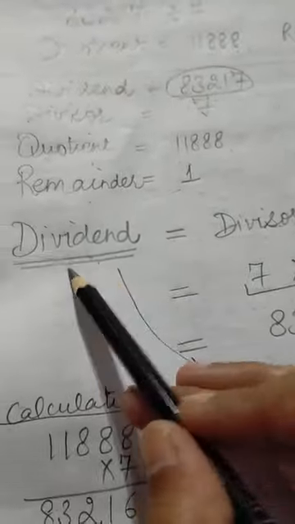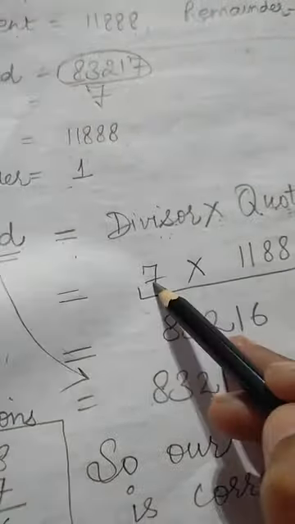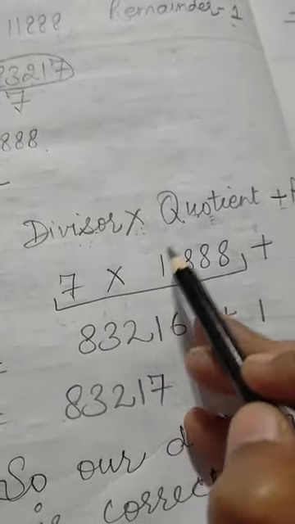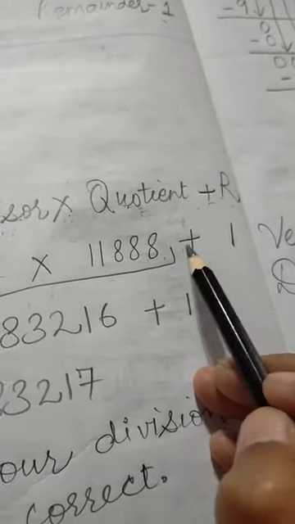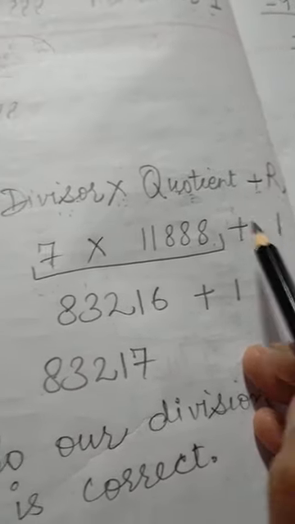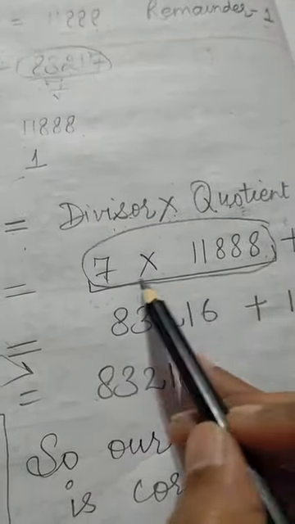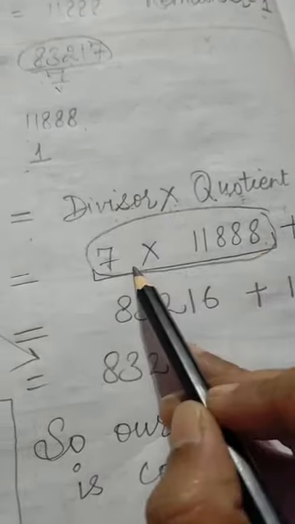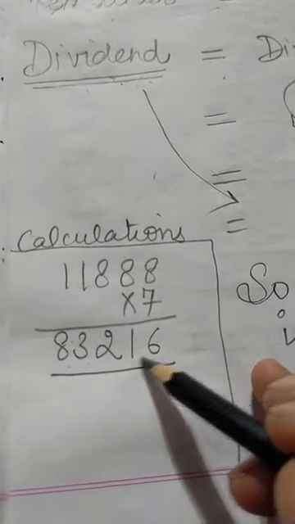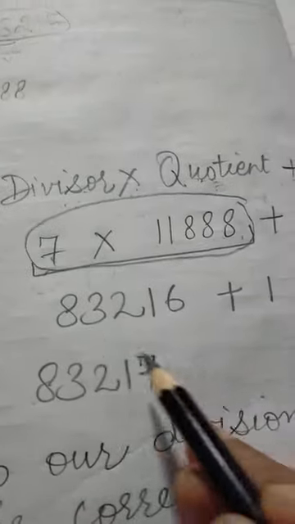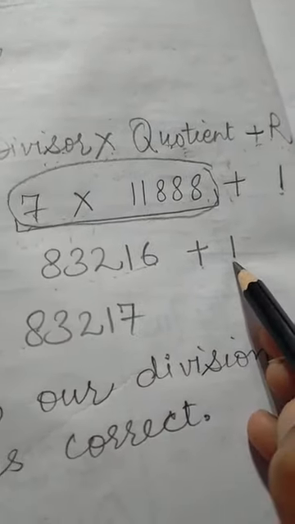Now see, dividend is equal to divisor multiplied by quotient plus remainder. Now divisor is 7 multiplied by quotient. Quotient we got 11,888 and plus remainder we got 1. So firstly, according to the maths rule, we will do the multiplication. We will multiply 11,888 by 7. When we do the multiplication, we get 83,216, and we will write here 83,216 and this plus 1 will be added here.